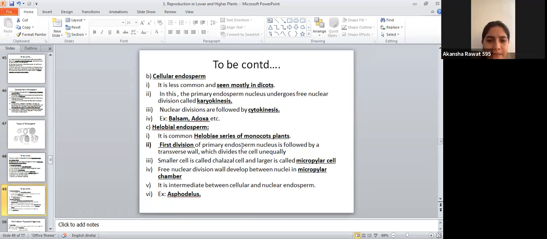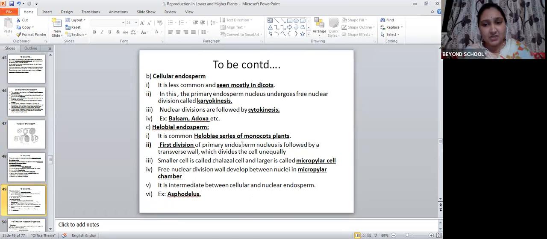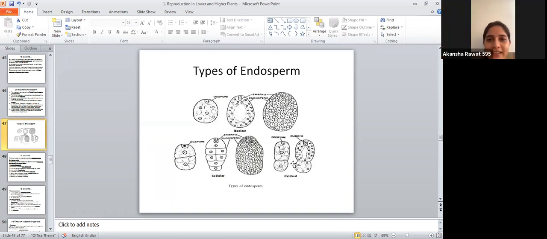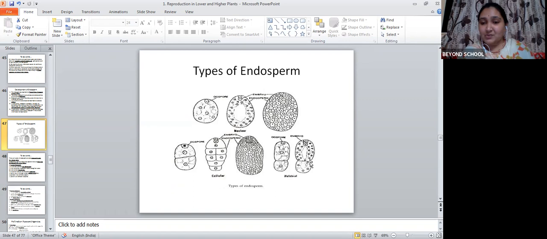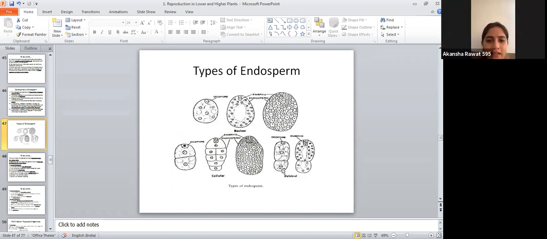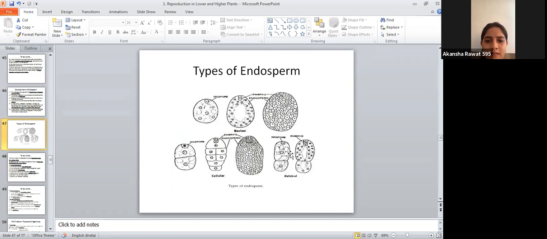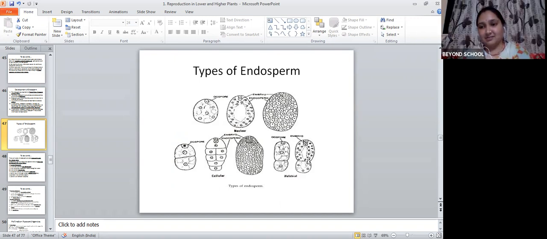The first nucleus which is formed has gone under division, followed by wall division. Wall division means what, Akansha? This outer covering, this outer wall, has been under division. Understood? That's why these two walls have been formed. So the nucleus went into division, but along with it the walls also went into division.